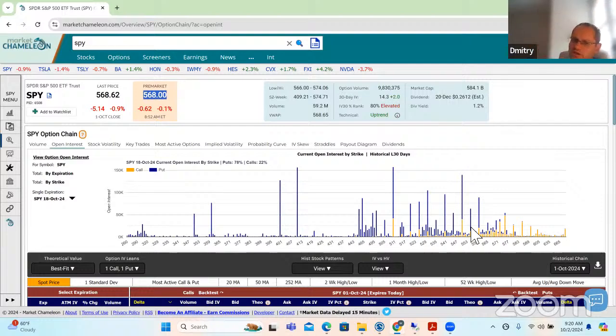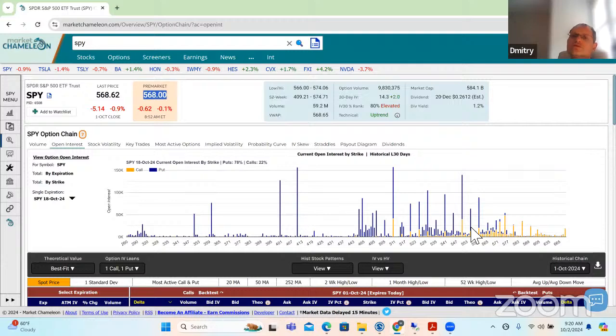So this is a quick way to get an idea of where there's open interest in established positions that are being carried, right? Because there's open interest, these positions exist somewhere, and there's risk exposure on these contracts.